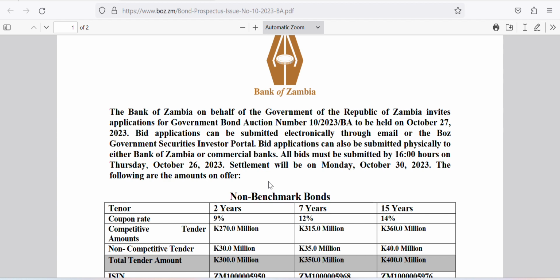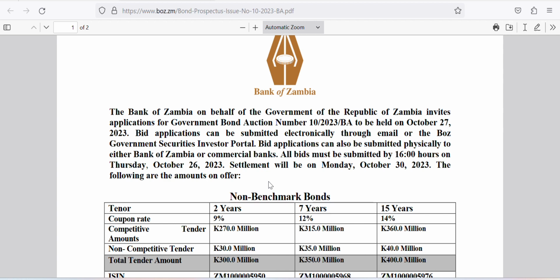The prospectus goes on to specify also the modes of submitting your bids, either through email, directly to the Bank of Zambia, or physically to your commercial banks, or physically to the Bank of Zambia. In this particular case, with Bank of Zambia having implemented the investor portal, there is a new way of submitting these bids, and this is through the Government Securities Investor Portal.